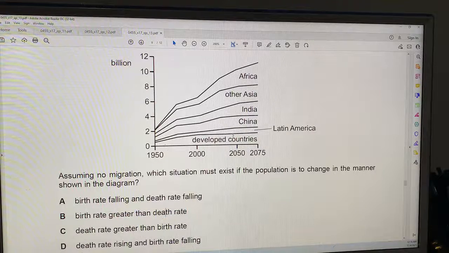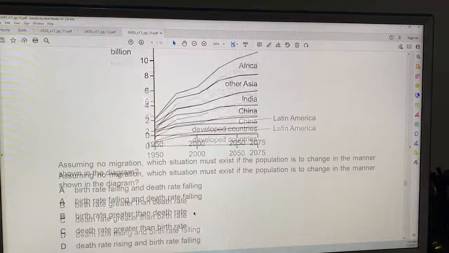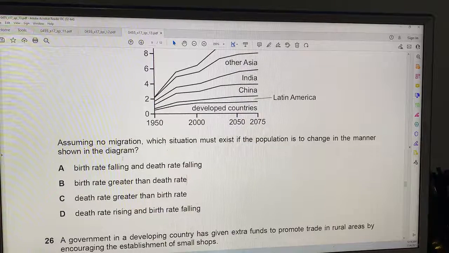Yes. If the trend is increasing population, if your birth rate or number of births per 1,000 is greater than the death rate, number of deaths per 1,000 population, then that must be true to have an increasing population without migration. So C is probably not true. B is the answer, I believe.